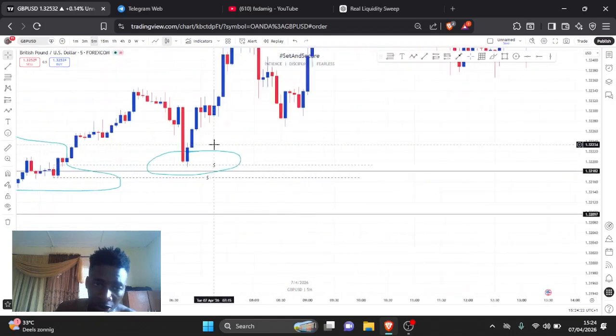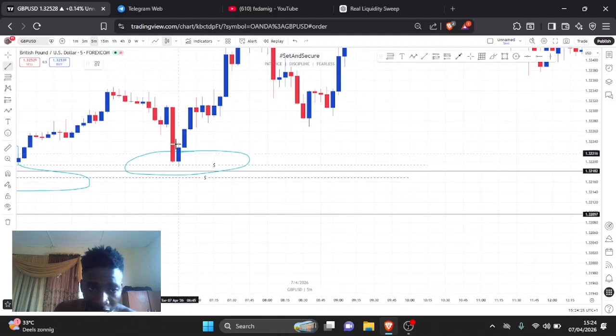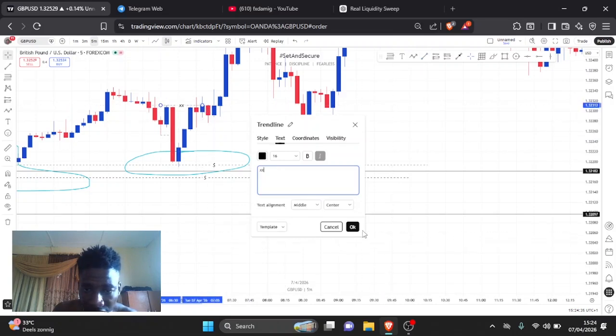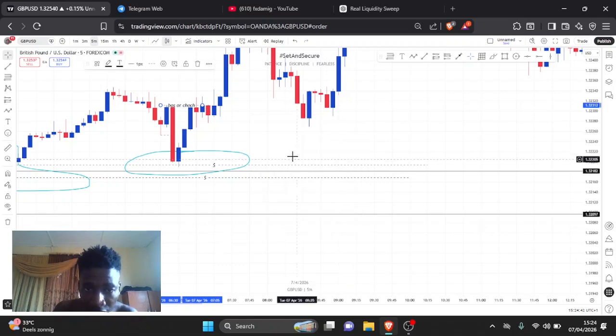Now, as you can see, we have this breaker structure, or some call it change of character. This impulsive movement is what we call displacement.